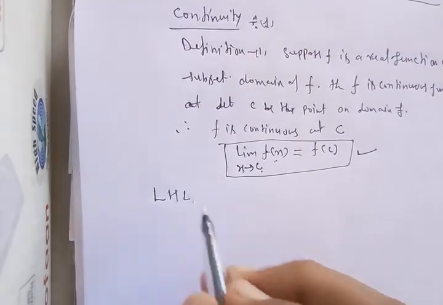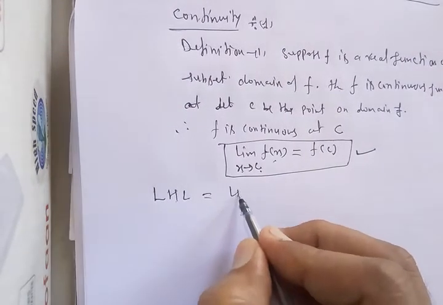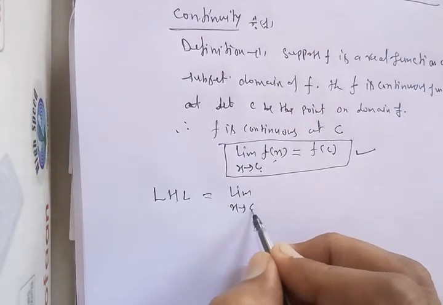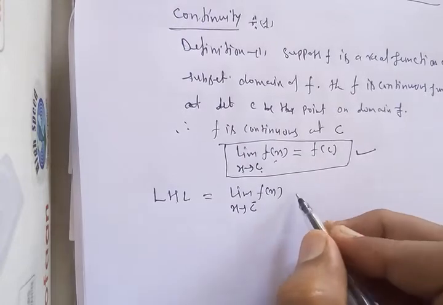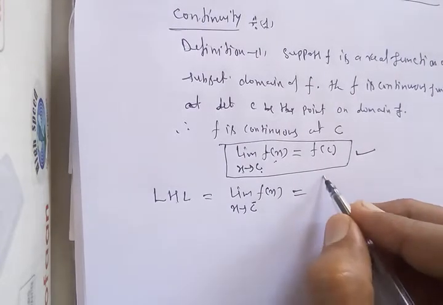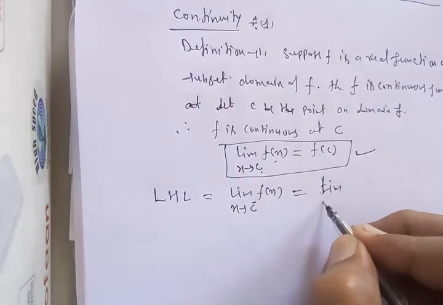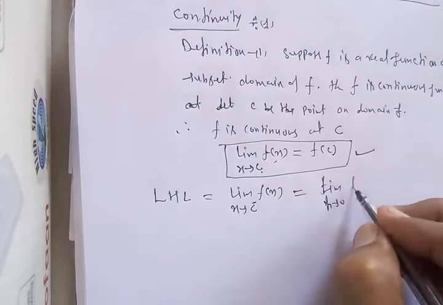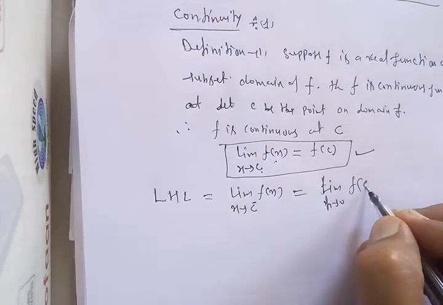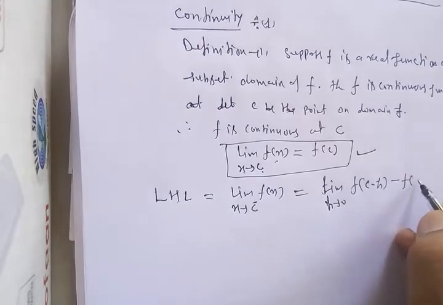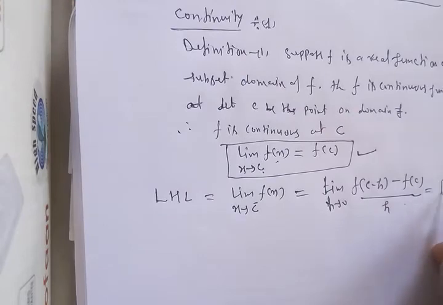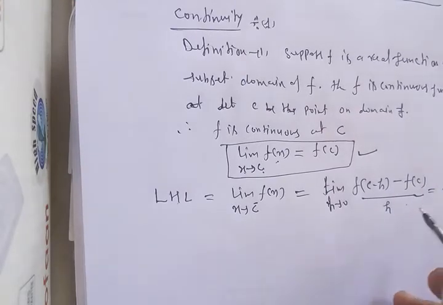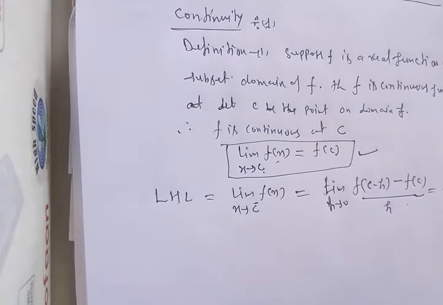LHL, the left hand limit, is the limit as x tends to c negative of f(x), which equals the limit as h tends to 0 of (f(c minus h) minus f(c)) upon h. This is also the derivative of the function at point c.